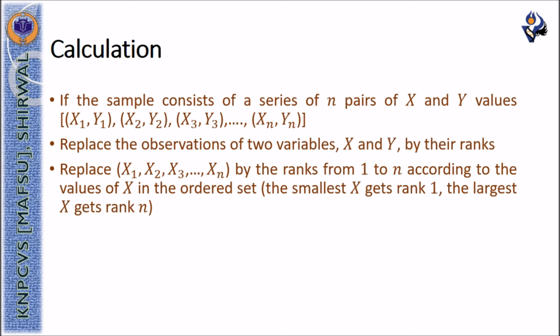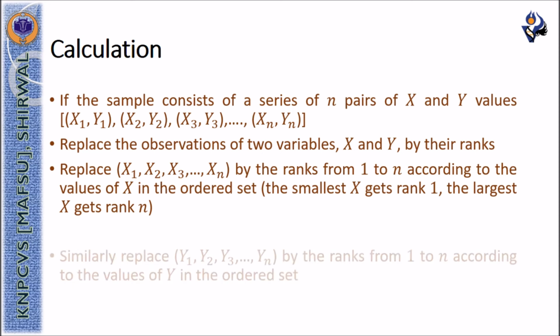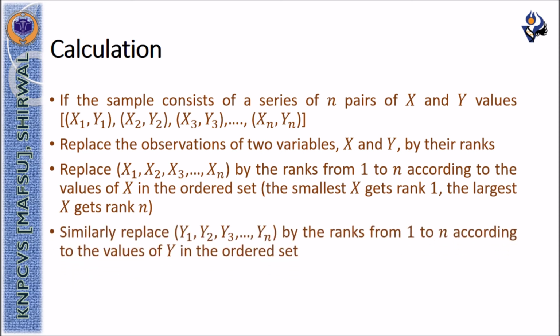That means the smallest value of x gets rank 1 and the largest value of x gets rank n. Similarly, replace all the values of variable y by the ranks from 1 to n.